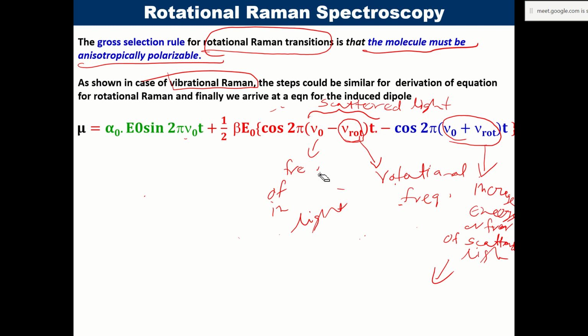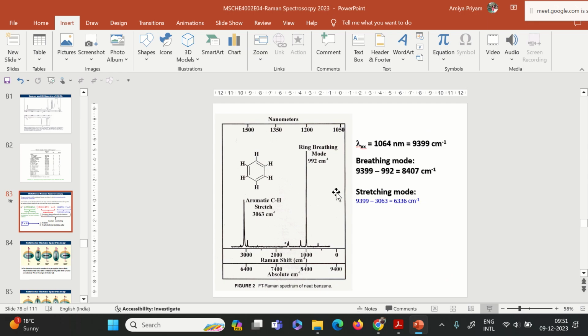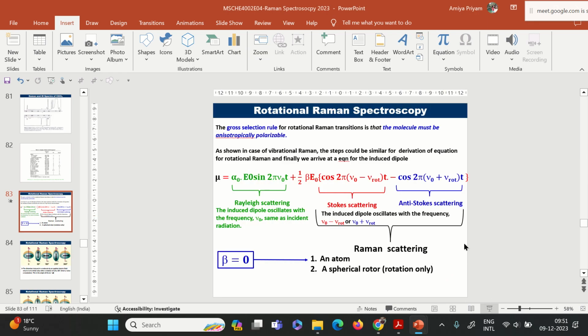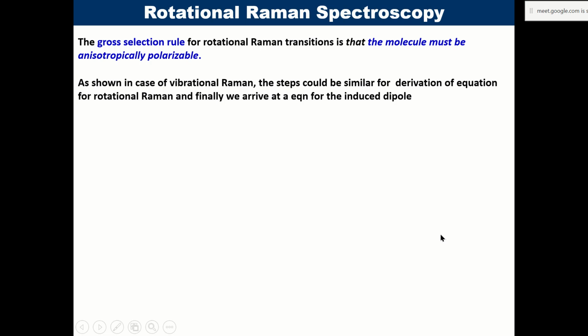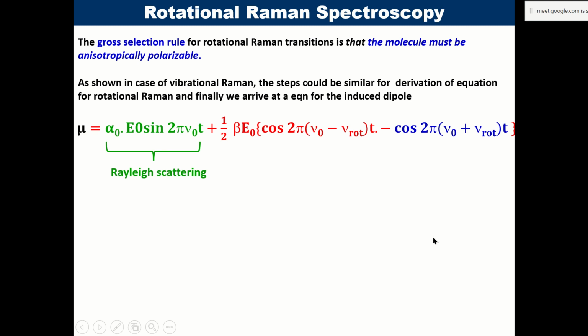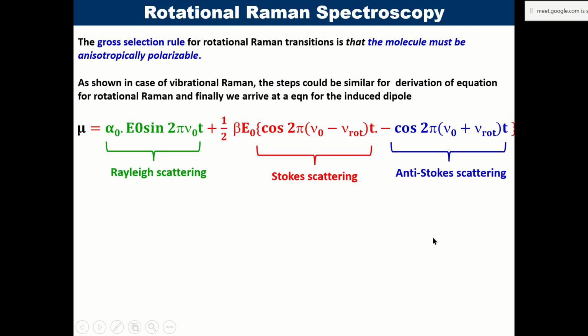So we can form a similar equation as we did for Raman vibrational spectroscopy. In rotational spectroscopy, the only difference is that in the scattered radiation there will be a small difference due to this change in the frequency.